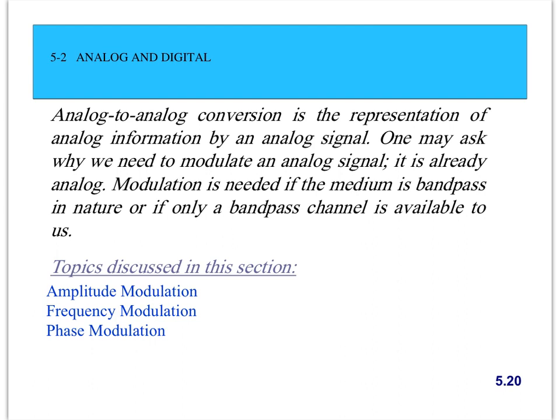So one route is to say, take the voice signal, sample it, convert these samples to bits, and represent these bits using broadband transmission or baseband transmission. Okay? Broadband in the case of bandpass channels and baseband in the case of baseband channels.